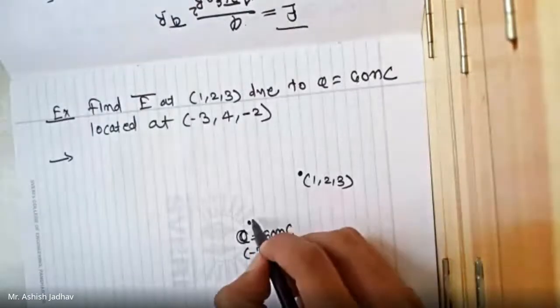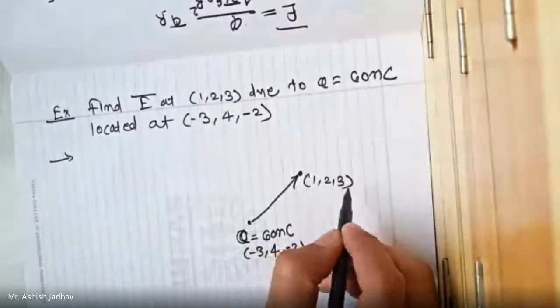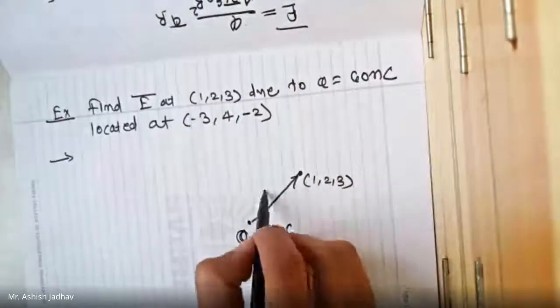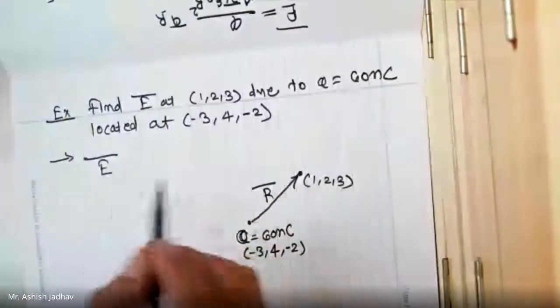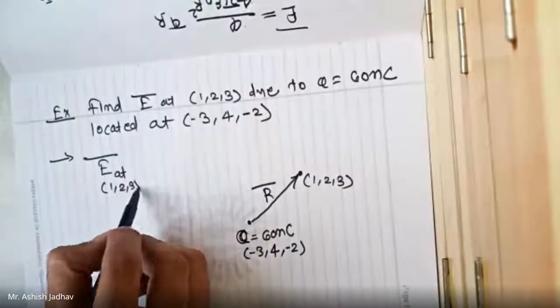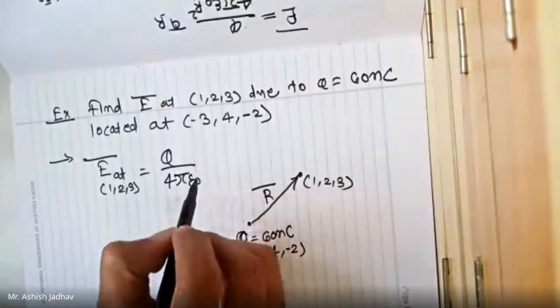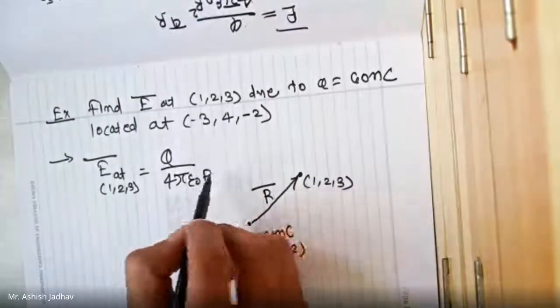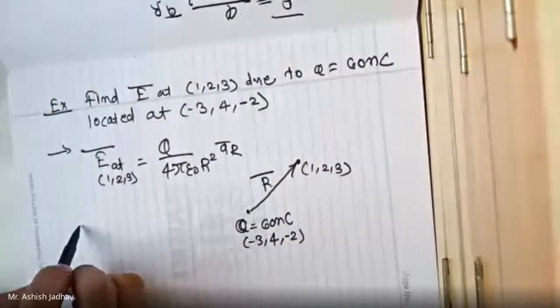So let us find the electric field intensity at point 1, 2, 3. Let us assume the vector is R bar, so that we can use the formula: electric field intensity is equal to Q upon 4 pi epsilon naught R square a bar R. Same formula once again. To find this, first of all, we must find R bar.